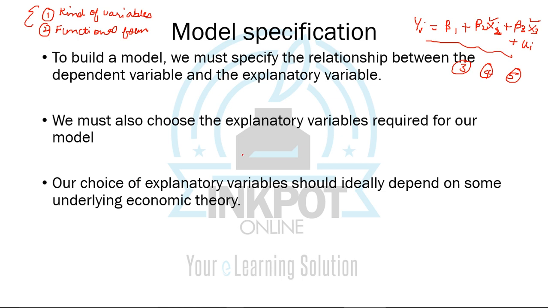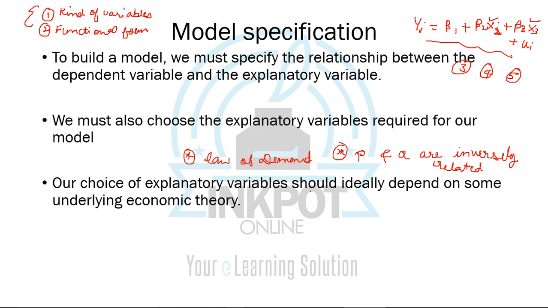So for example, if today I'm aware of, say, the law of demand, and it says that price and quantity are inversely related, now I'm aware of this theory, this idea.